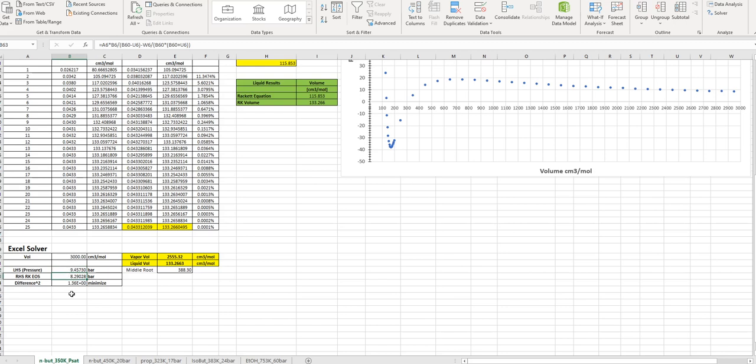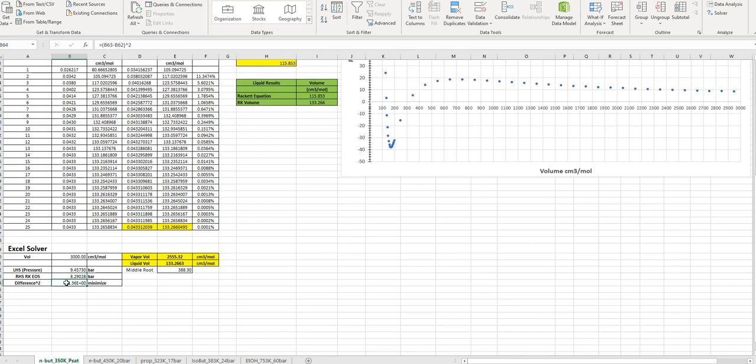So what I have here is the actual pressure and then the calculated pressure from the Redlich-Kwong equation. What I want to do is minimize the difference of these two values. This is my actual, this is my calculated from the equation of state.